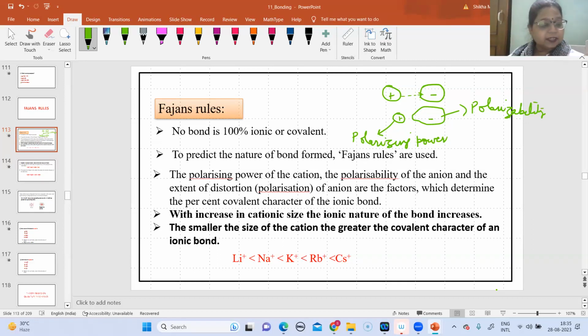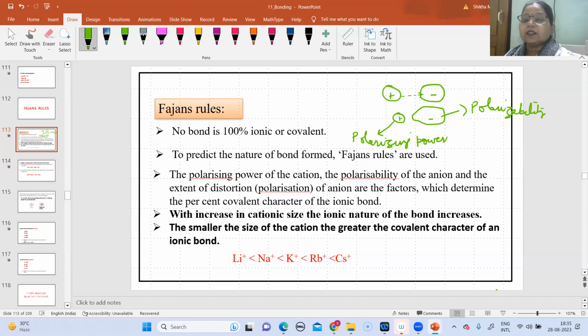Cation having one electron less, anion having one electron more, for example in sodium chloride. In sodium oxide, it will be 2 each, right? So as you can see, the electron cloud of the anion, instead of being in its own defined area, is spreading.